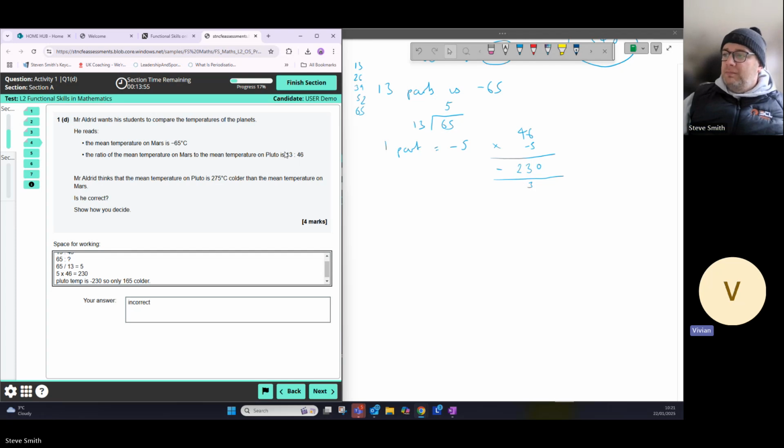So if I have something like this, I know what to do. It's telling you the value of one of the pieces of your ratio, so you don't worry about the other piece to start with. So say it said the 46 piece was 250, for example, to find out what one part is, we divide 250 by 46.